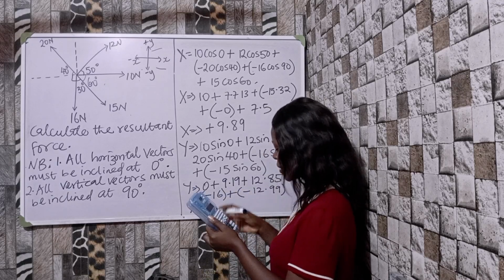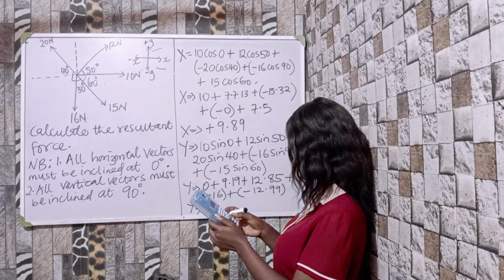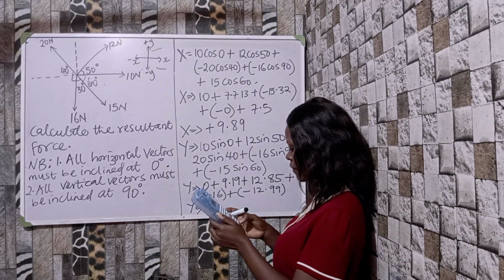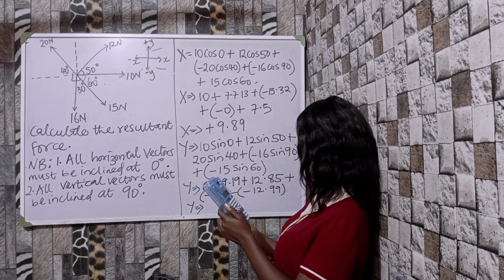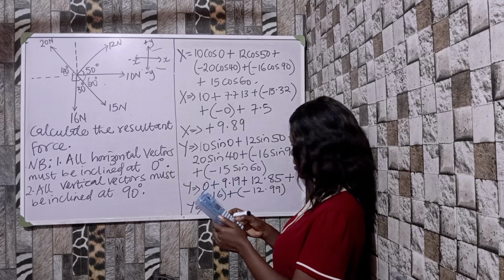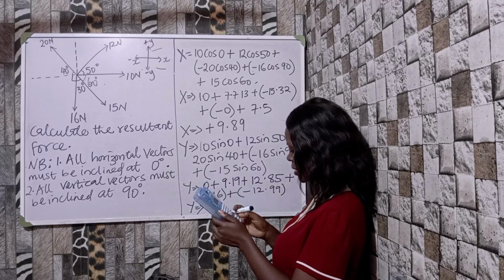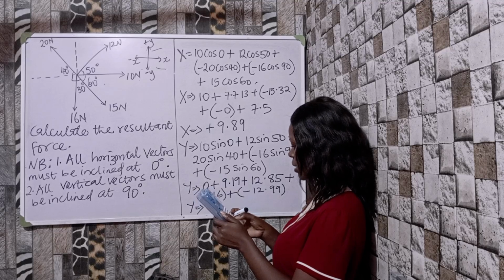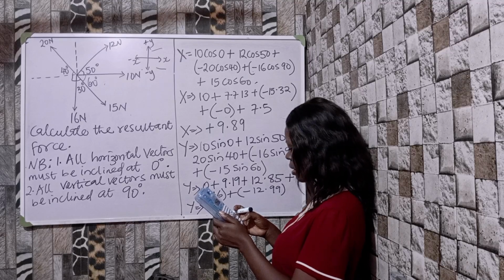So let me solve them together. 9.19 plus 12.85, plus times minus is minus. Okay, sorry, 0 is not in anyway, so we can say 0 plus 9.19 plus 12.85.